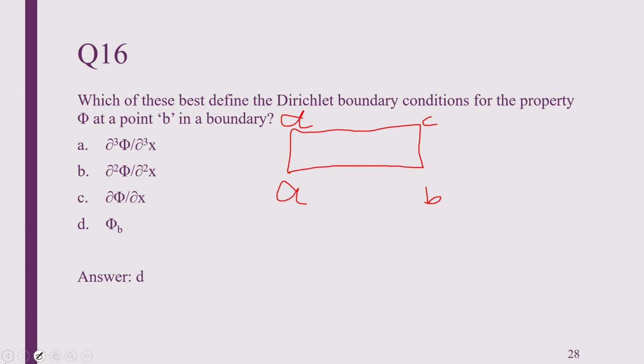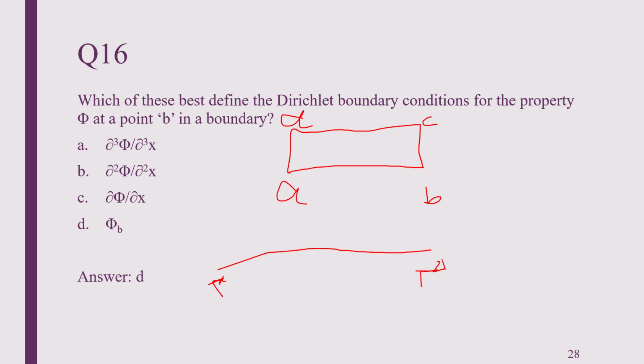For example, consider we are heating a coil, and we have one rectangular coil like this, and we know the temperature here, and here we are heating it at some temperature.